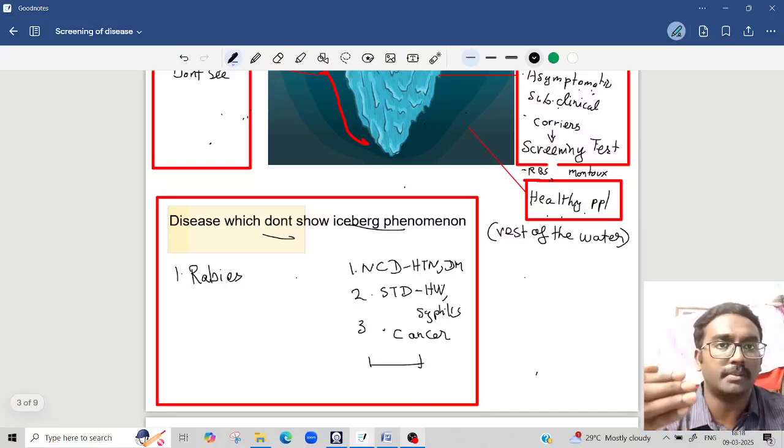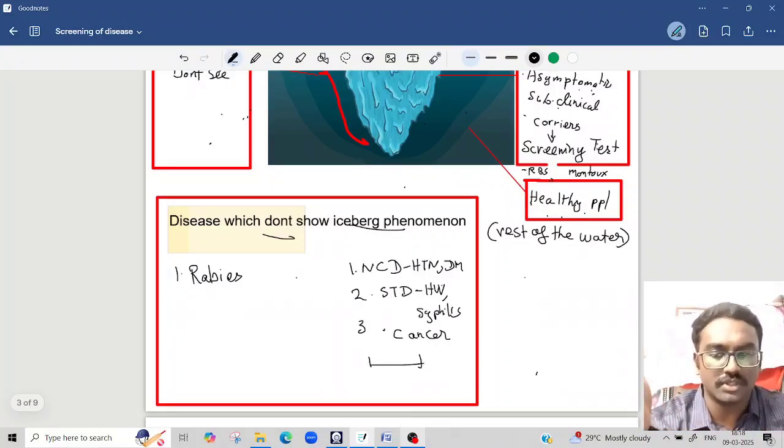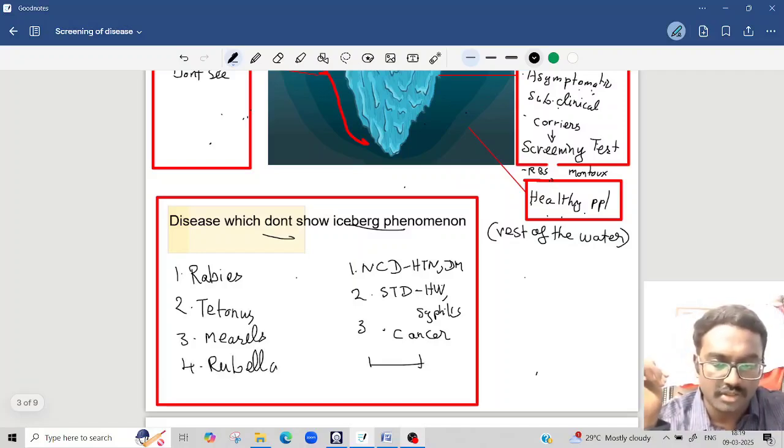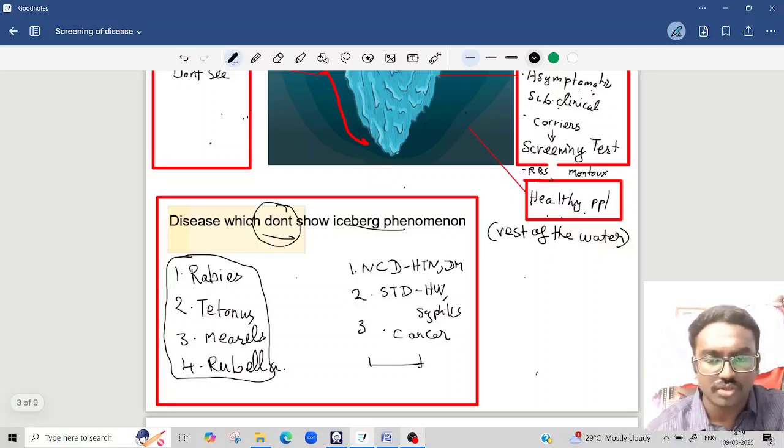There is no hidden part. All the people who have the disease will show their symptoms. That is our concept. Another is tetanus, and measles and rubella. These are our four major diseases which do not show the iceberg phenomenon.